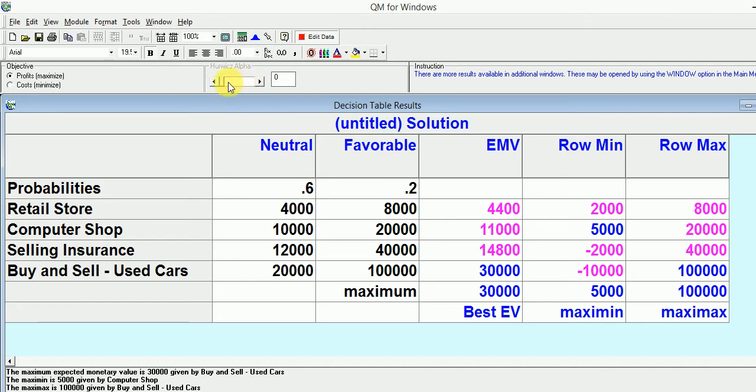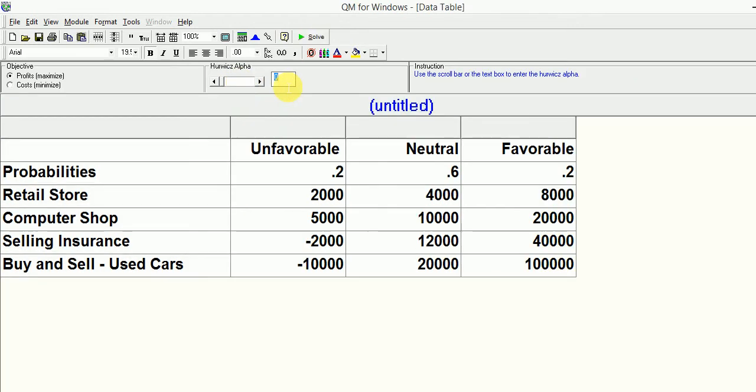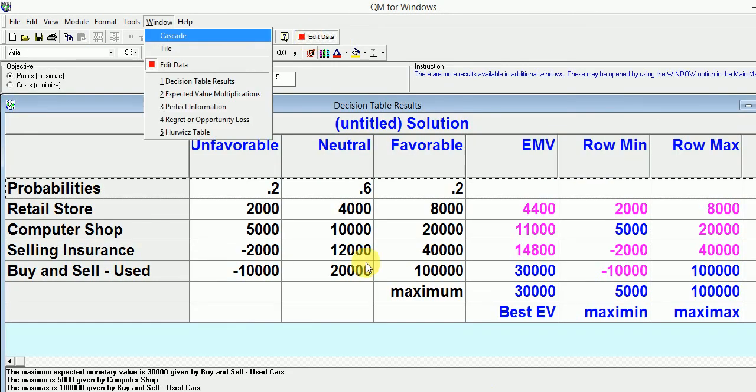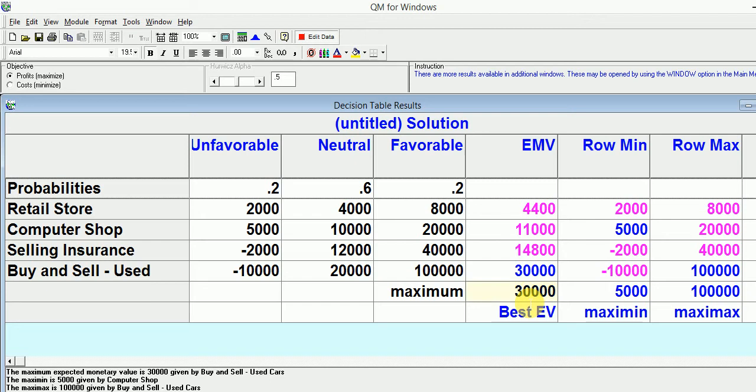So if we put it at 0.5, you will see that it's still the same. At Hurwicz Alpha of 0.5, the best EV, if we play averages, will choose buying and selling of used cars.